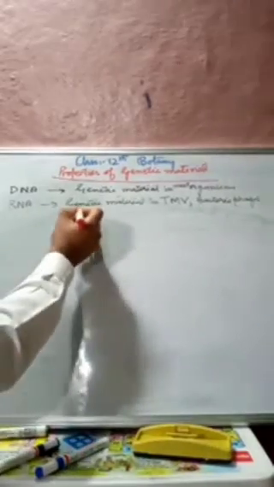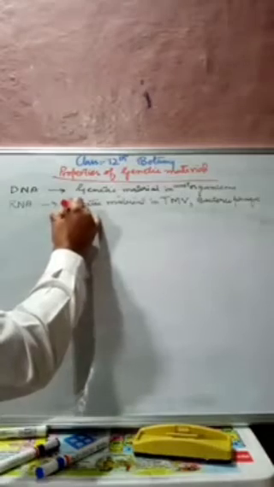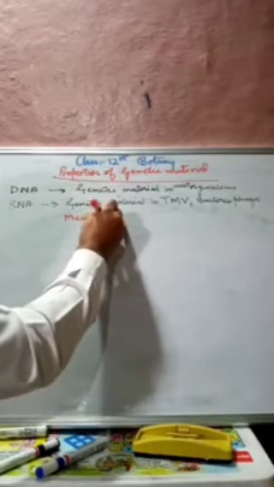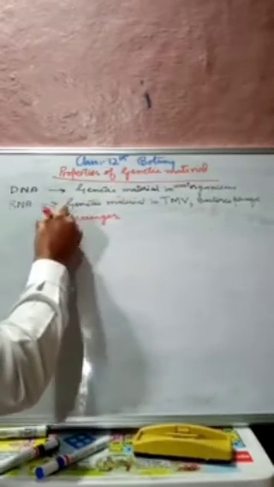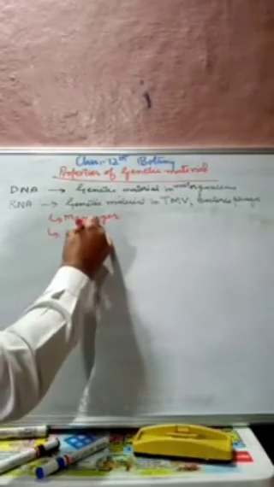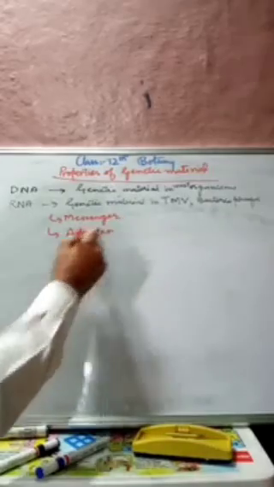If we talk about the functions of RNA, it mainly performs the functions of messenger. It mainly performs the function of adapter. These are some of the functions performed by RNA.